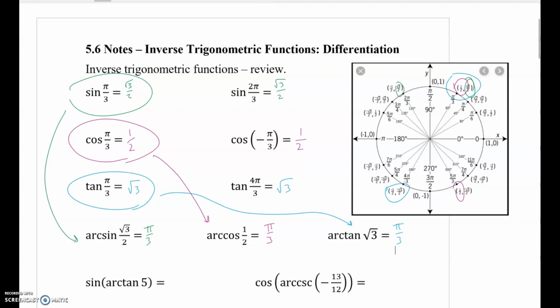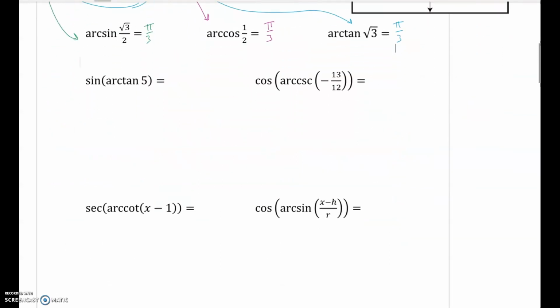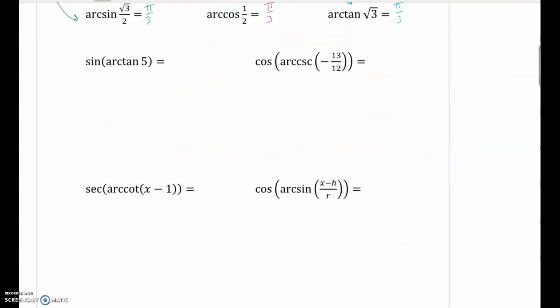Now, if we are asked to evaluate these things like this and we don't have a calculator, then let's take a look. We're taking the sine of the arctan of 5, but the arctan of 5 is an angle. I'll call it theta. And if theta equals the arctan of 5, then that means that the tangent of theta must equal 5. So I'll build a triangle, and I'll make theta be right here, and its tangent is 5.